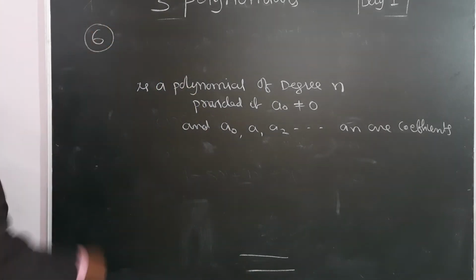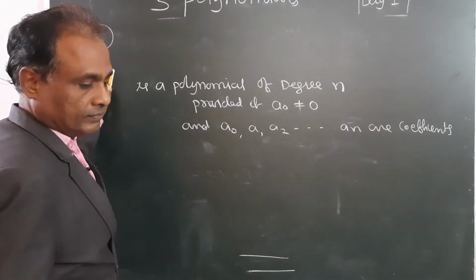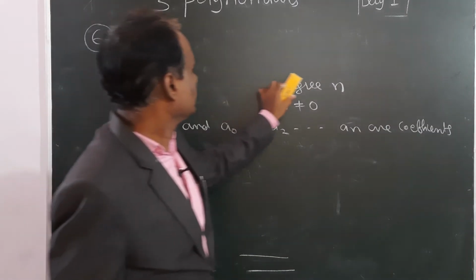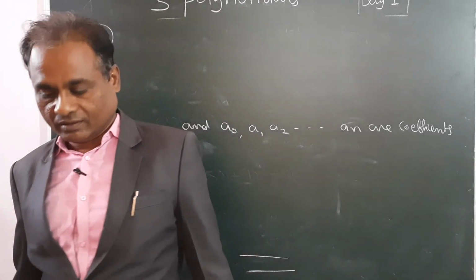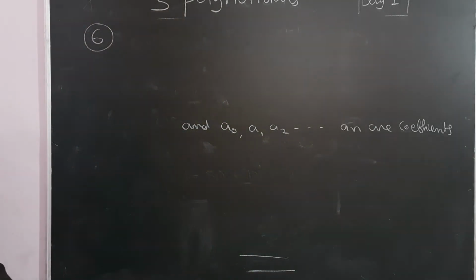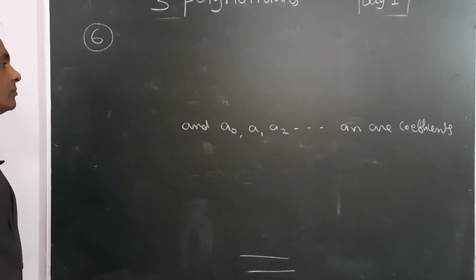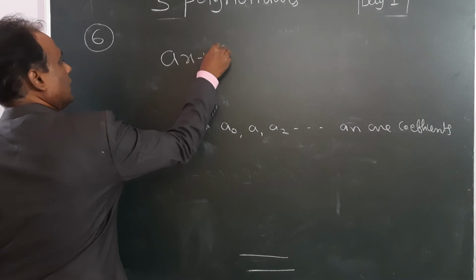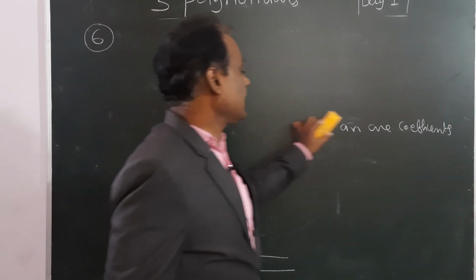Sixth, write down. See, suppose ax plus b is there. What is the degree here?